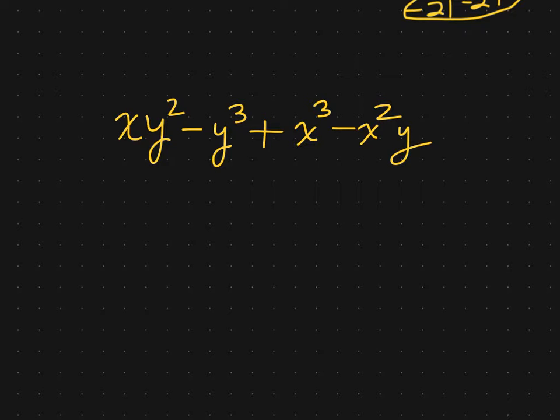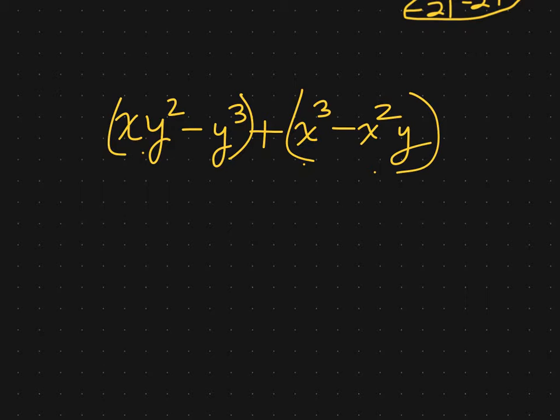The answer is no. Some of them got x's, some of them got y's. They don't all have the same thing. Okay. There's 4 terms. 1, 2, 3, 4. So we know that we're going to have to do grouping. Anytime there's 4 terms, we're going to try grouping.